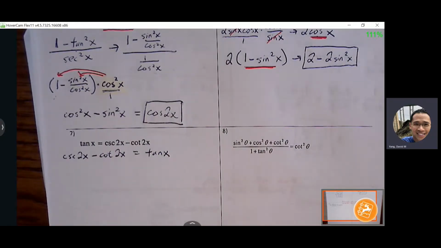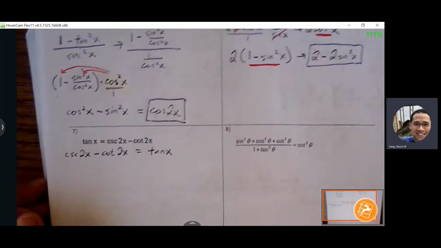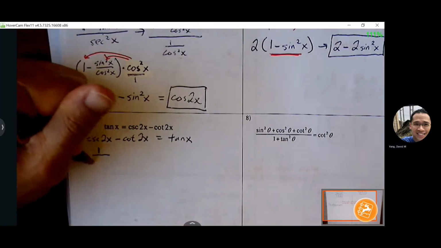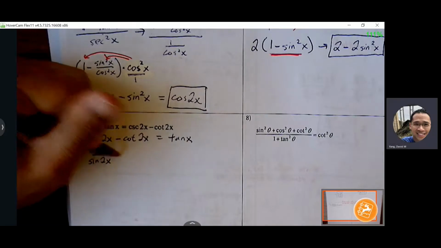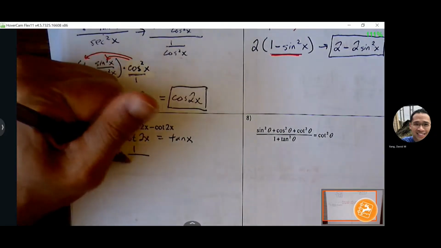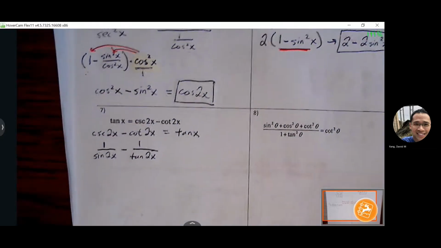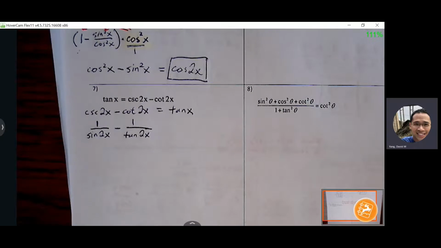Okay, any ideas about cosecant of 2x or cotangent of 2x? Yeah, just a flipped version of sine and tangent, right? So let's get them into something that we recognize. We find those double angle identities that we want to use.